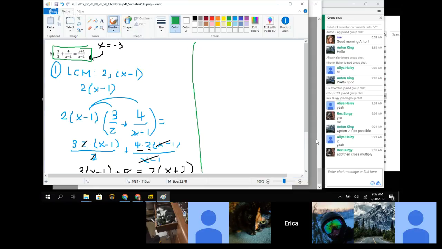notice that this second fraction and the third fraction have the same denominator, right?